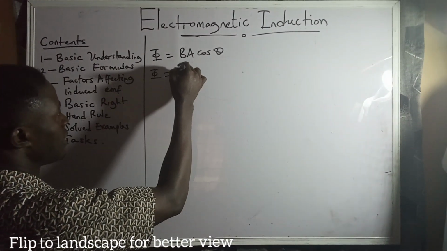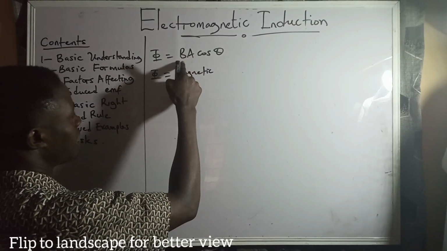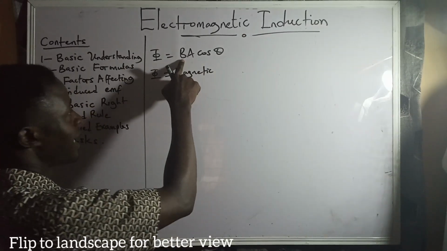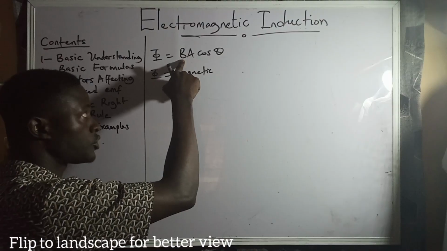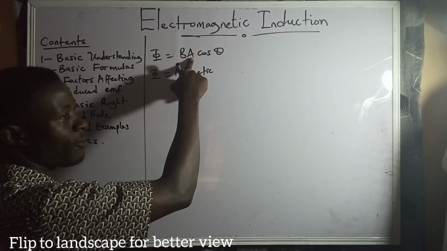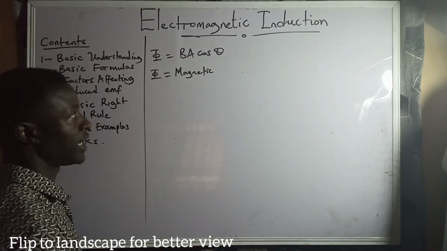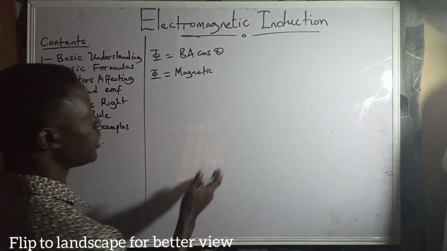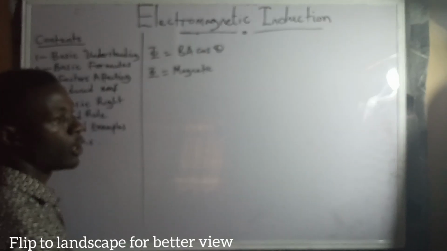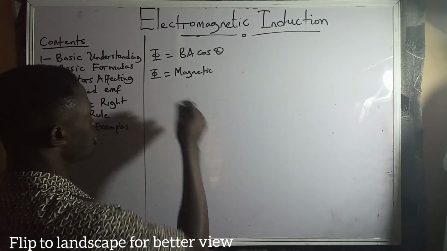This is magnetic flux. So if you want to calculate the magnetic flux, you are going to multiply the magnetic field strength by the area of the coil of wire that you are using, and you multiply by the cosine of the angle between the coil of wire and the magnetic field. I'm going to show you all that.